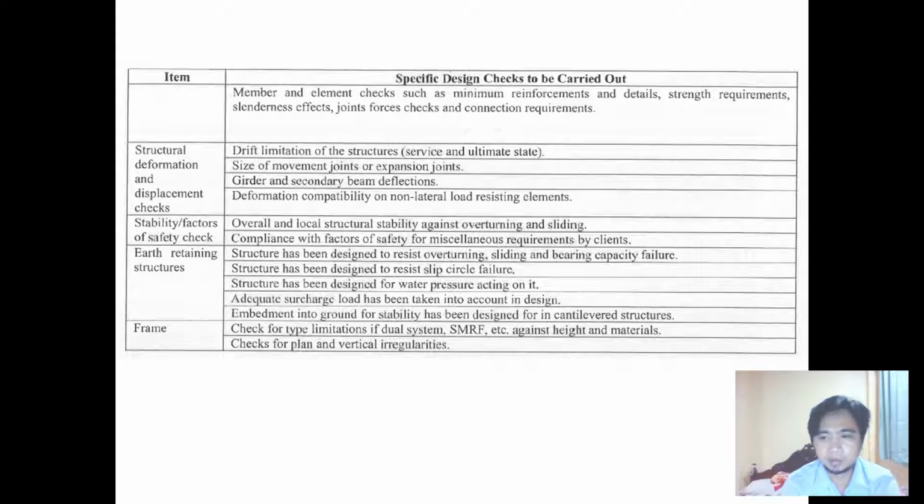We should be cautious in our configuration of our framing system, because sometimes we have not considered irregularities. What are irregularities? For example, a building that is a C-shape structure or configuration, or a configuration that is irregular in floor level.